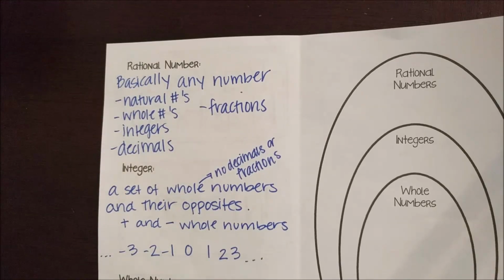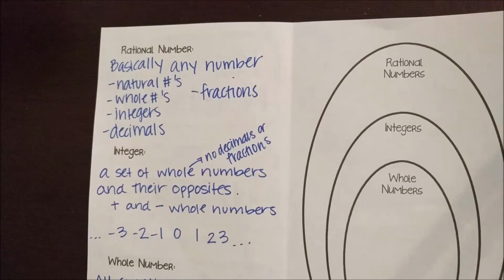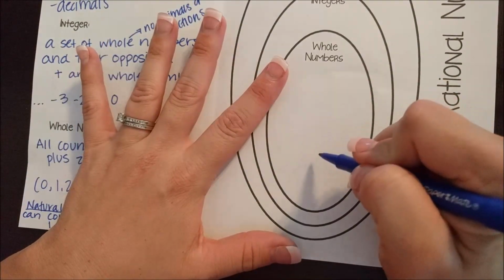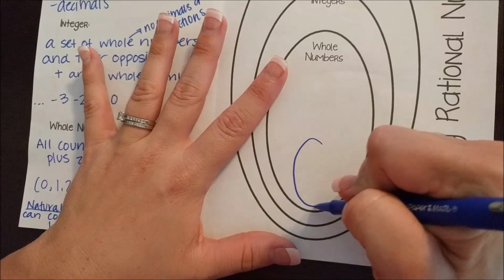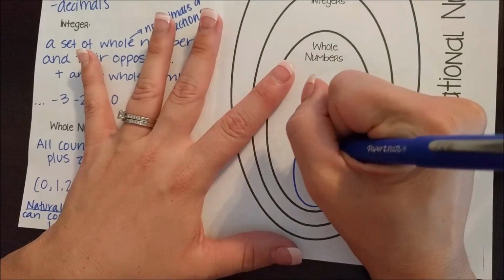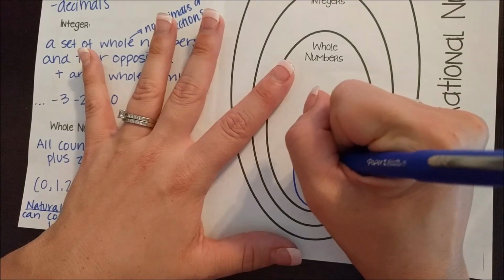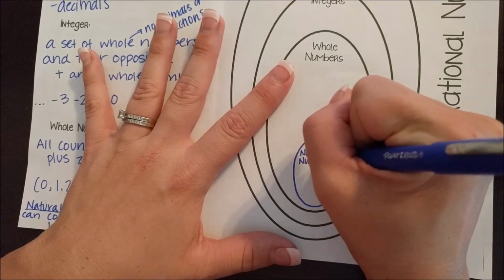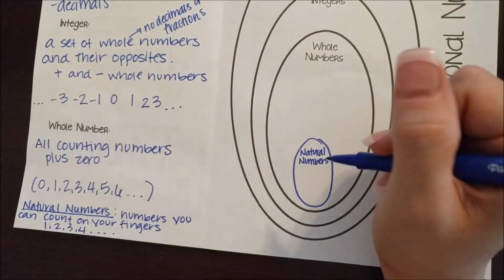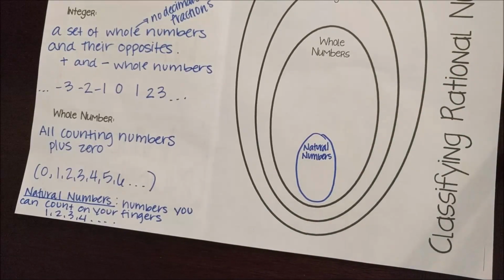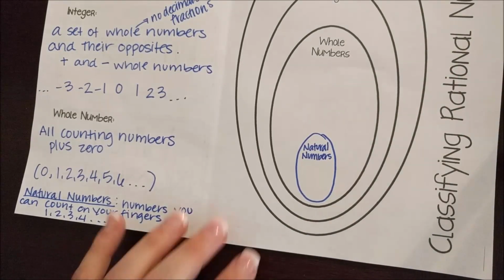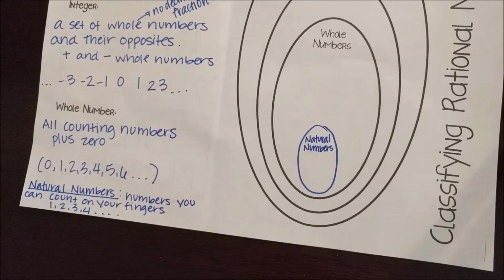So let's do some examples. On this, I'm going to make a small separate circle, and we're going to add natural numbers.